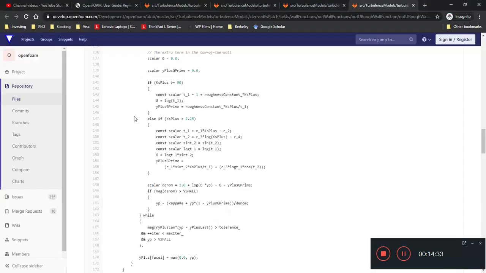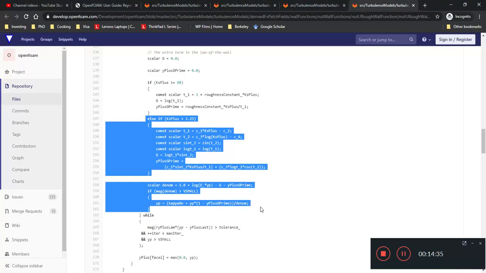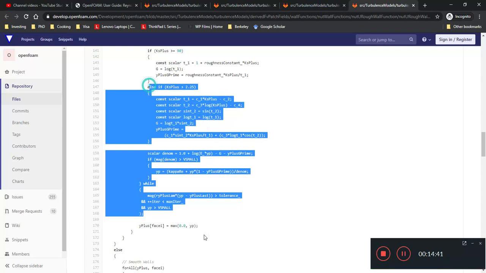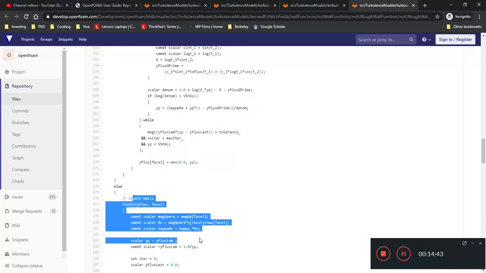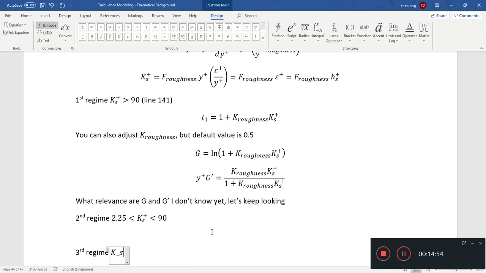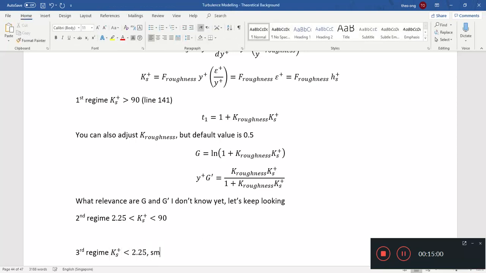Okay, so this is what the code is saying. Else if, blah blah blah, then if it's less than 2.25, we will adopt the smooth function. Third regime: less than 2.25, smooth wall.